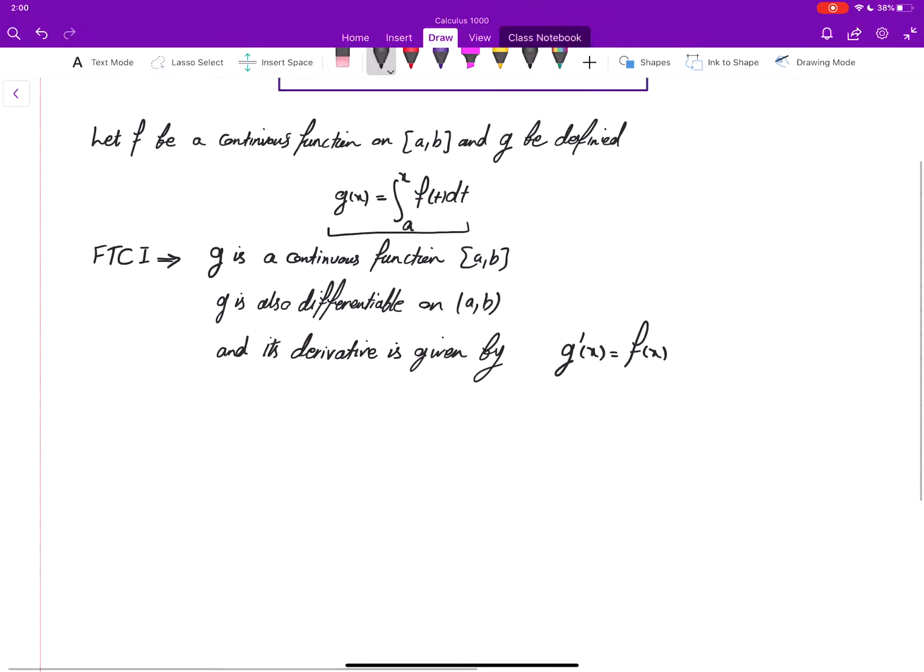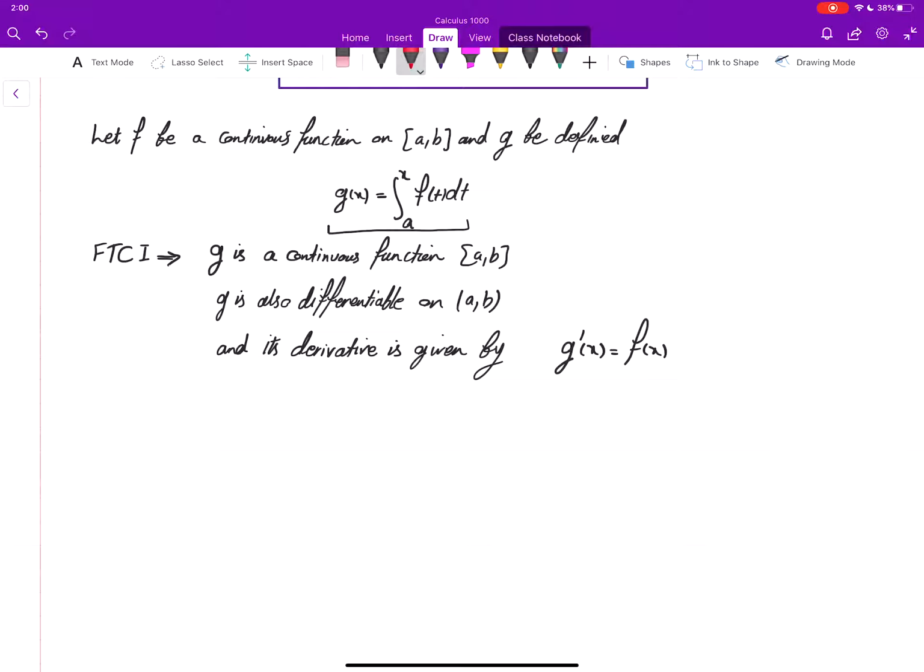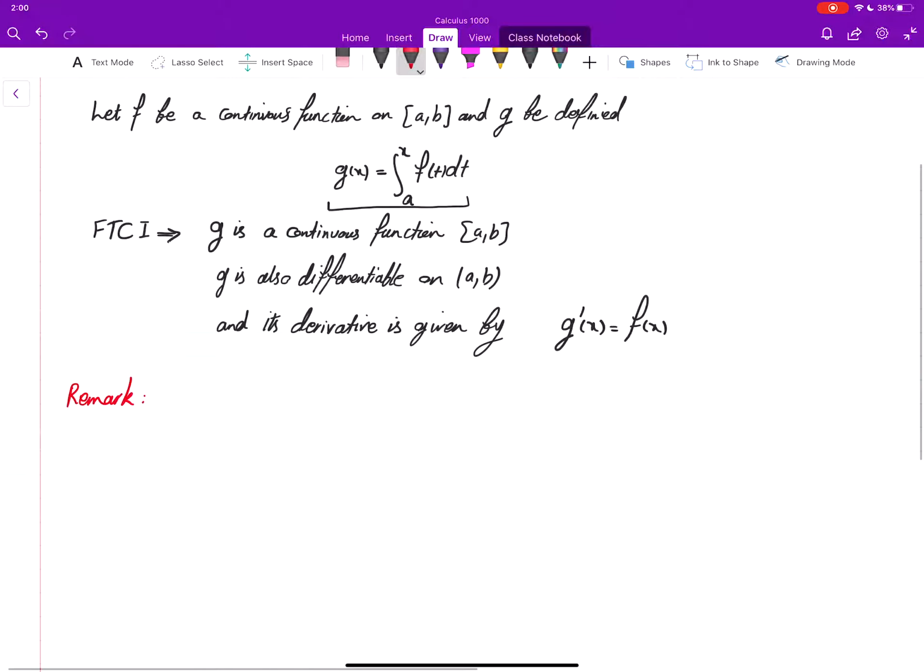So before I do some examples, there's a remark here that you have to be a little bit careful about the notations, the variables here. When you define g(x), what is important to note is that the lower limit is constant.